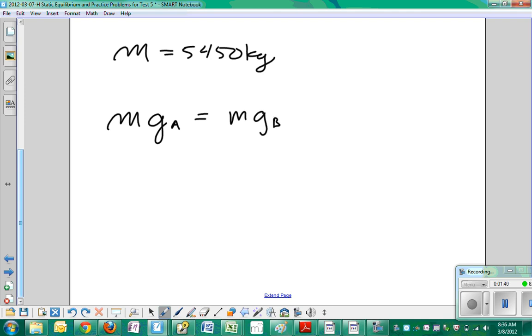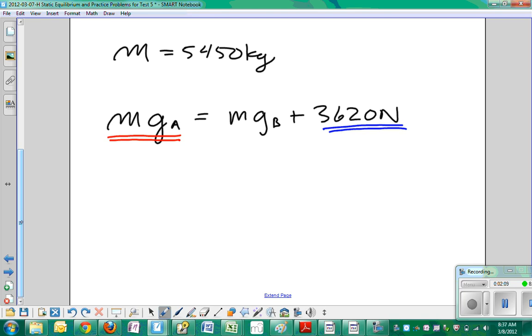It weighs more on planet A than it does on B. So we have to add to B 3620 newtons. Everybody okay with that? It says it weighs this much more on planet A, so we have to add that to planet B for those to be equal. Everybody okay with that? All right.